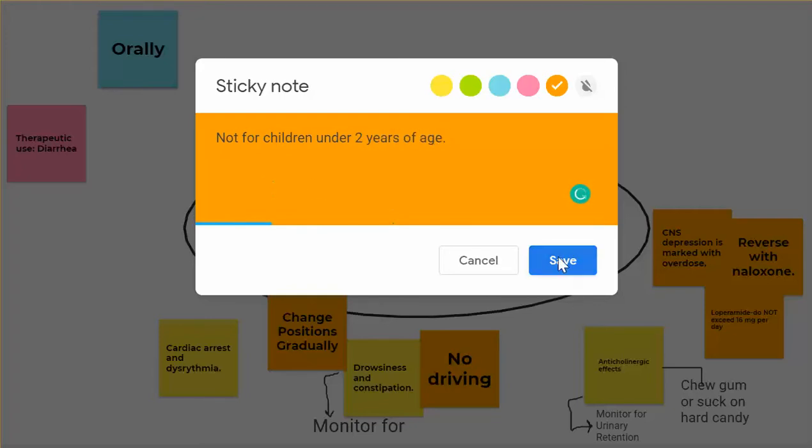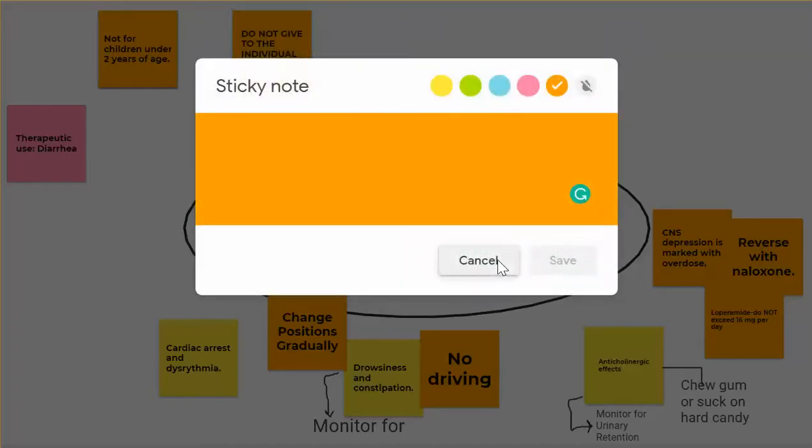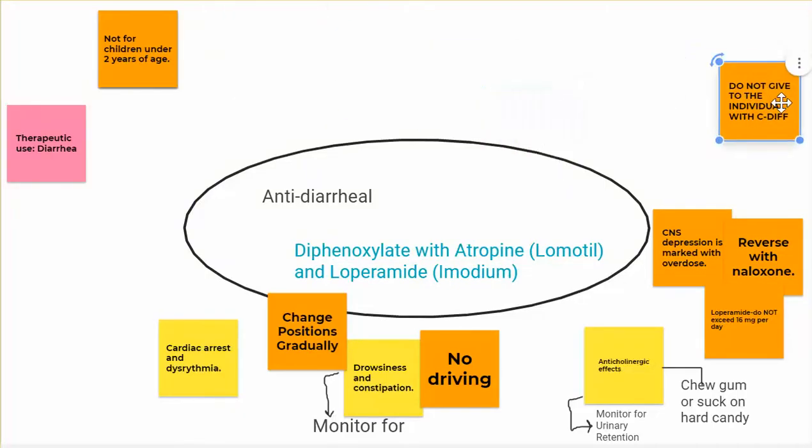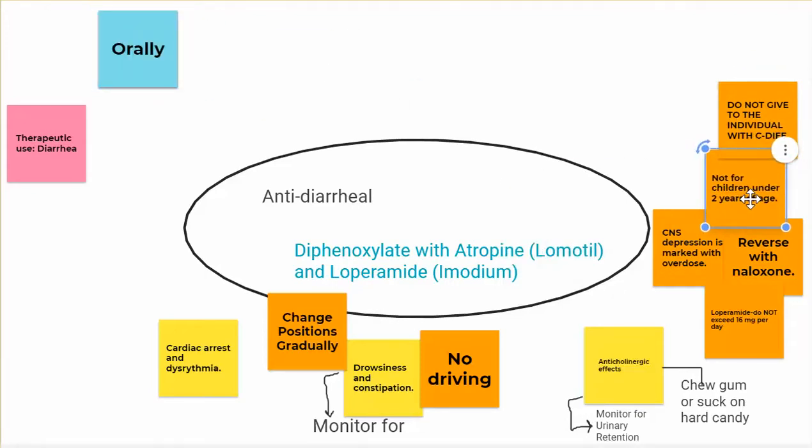Then also, please, please, please do not give to the individual with, you guessed it, C. diff. C. diff is an organism which produces an endotoxin, and it's important for the body to actually shed that endotoxin and get rid of it so that it doesn't build up toxicity in the body.